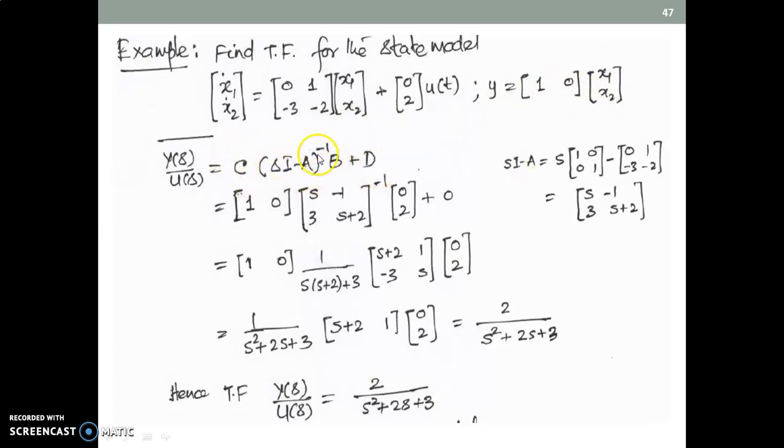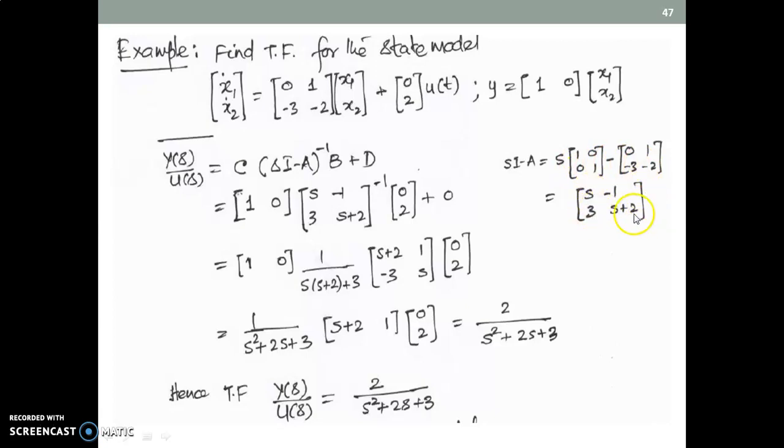First, because we need the inverse, find sI minus A. What is sI minus A? A is this one: s into the identity matrix minus the A matrix, 0, 1, minus 3, minus 2. So s minus 0, then 0 minus 1, then 0 minus of minus 3 gives plus 3, and s minus of minus 2 gives s plus 2.